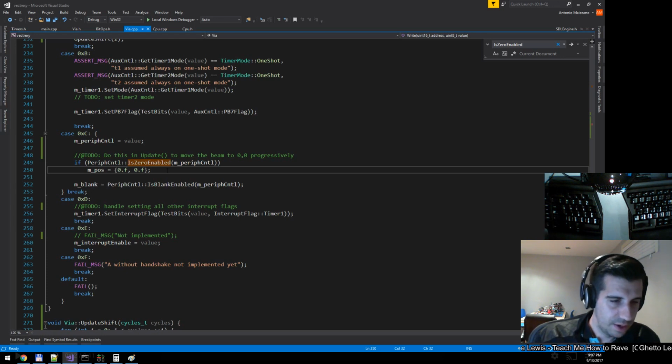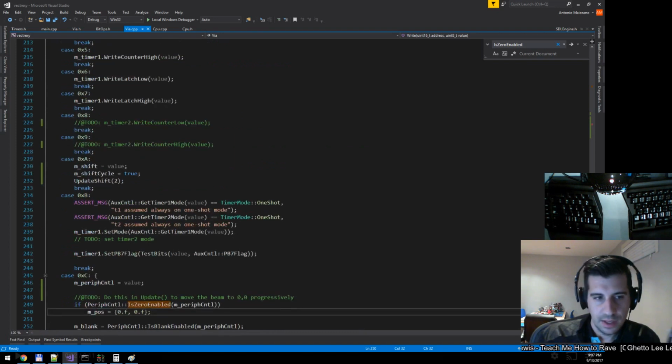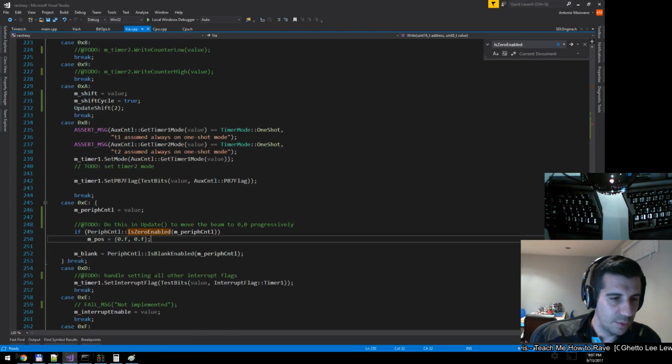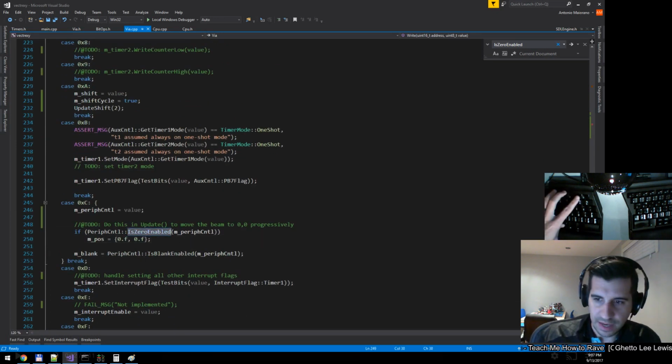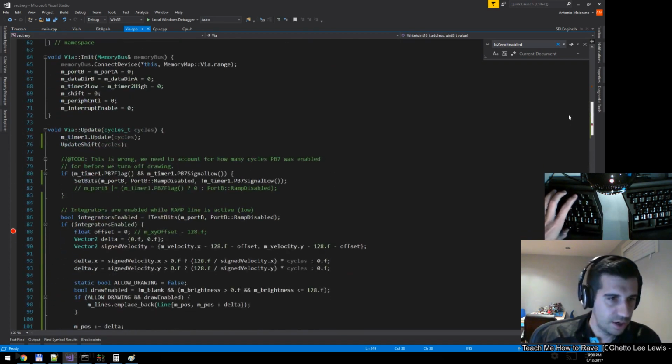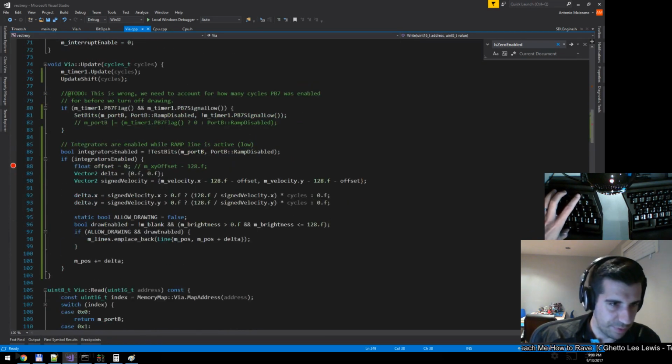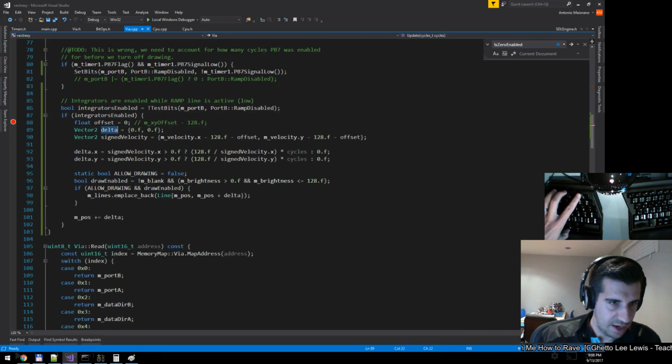I was just thinking about how to do that. I think the way I should be doing that, now that I've got the correct code for cycle-based movement in my update here, is to say, let's see here.